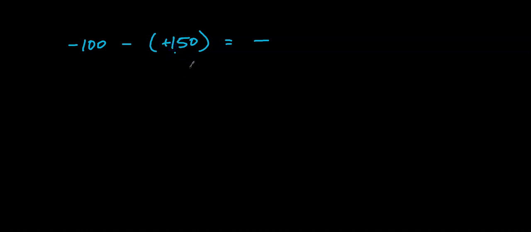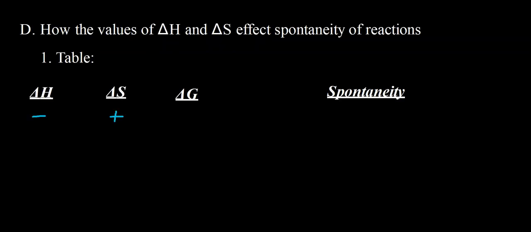Let's make it positive 150. Now remember, temperature is always positive. There's no negative Kelvin temperatures. So whatever the sign for delta S is, will be the sign for T delta S. So in this case, if T delta S is bigger than delta H, then delta G is still negative.